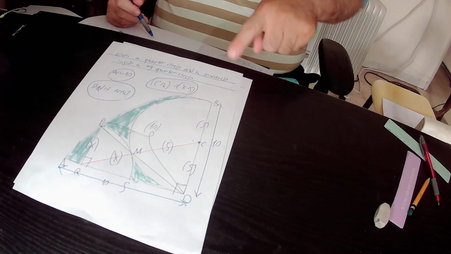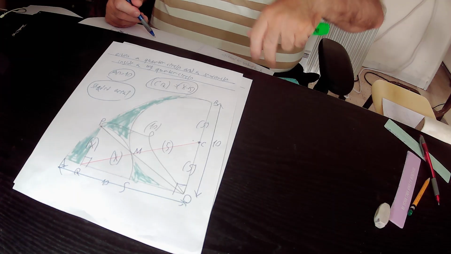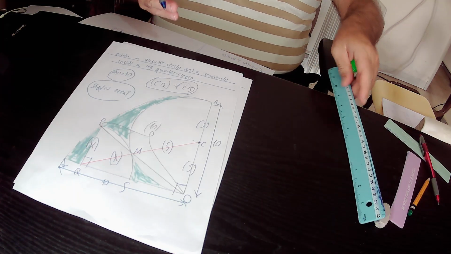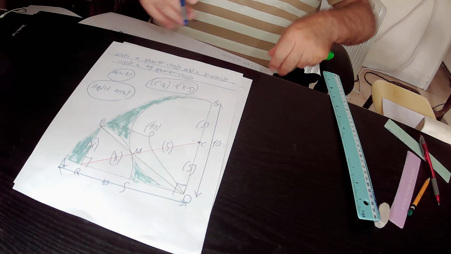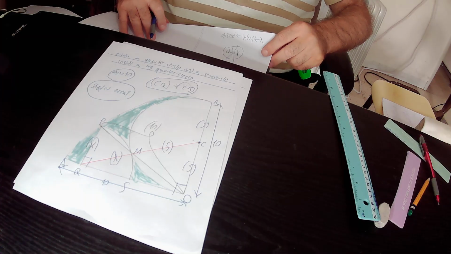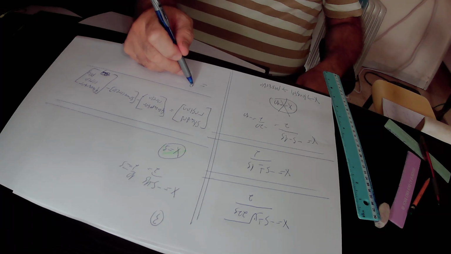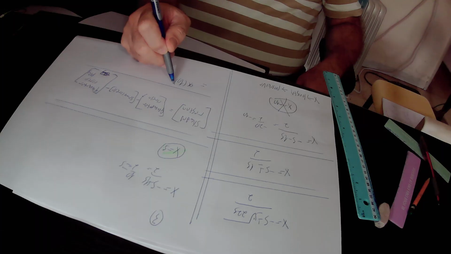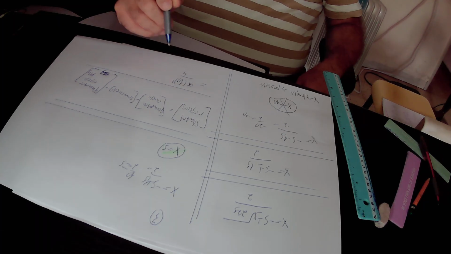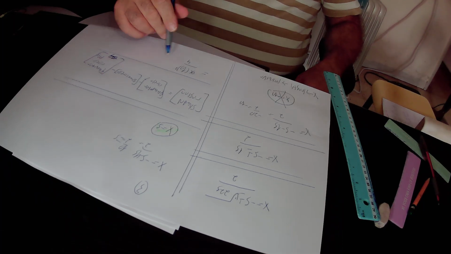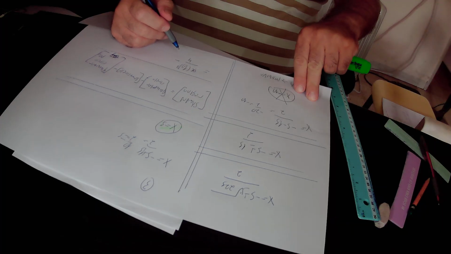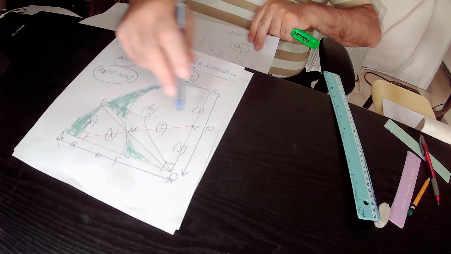What is the area of this big quarter circle AOB? You know that the radius of this big quarter circle is 10, and therefore the area of the big quarter circle must be equal to pi r squared over 4. So that is to say, pi times 10 squared over 4, minus the area of this semicircle.